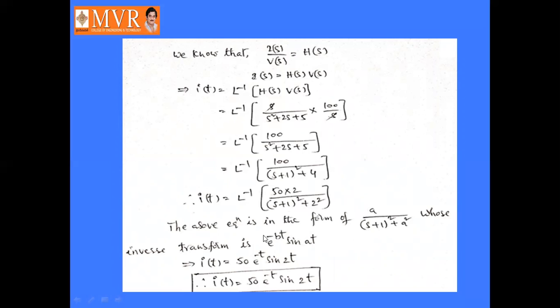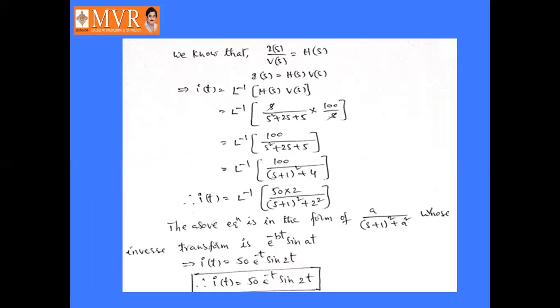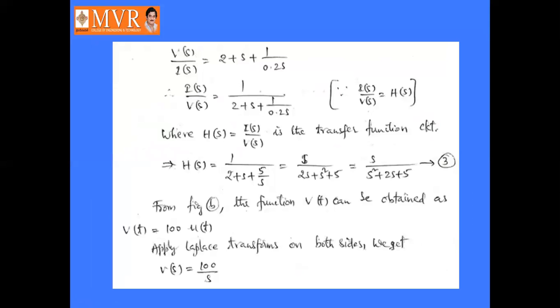So it is 50 into e power minus t into sin 2t. Therefore I of t equal to 50 into e power minus t sin 2t. Like this we can find the I of t value.